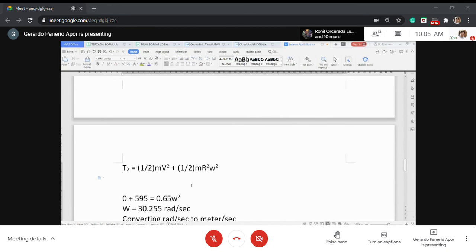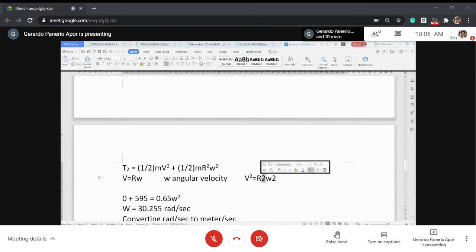But v is equal to r omega. Omega is what we call the angular velocity. So therefore, if v equals r omega, it will happen that v squared is equal to r squared omega squared.